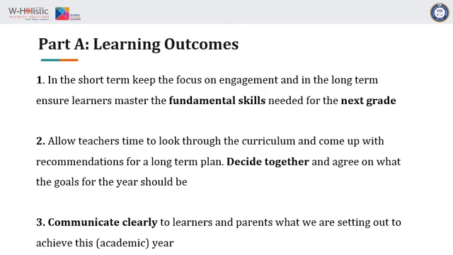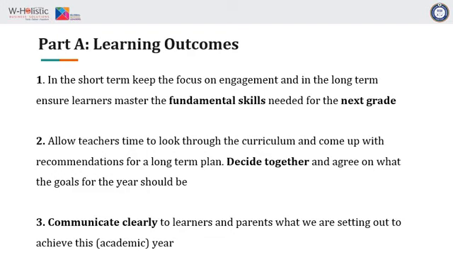So you must create a structure within your schools that gives the teachers time to sit down and look at the curriculum, pull out recommendations for what everybody needs to be doing to ensure that fundamental skills are passed across, and then you decide together what the primary goals for this current academic year need to be. And remember, in doing that, you're doing that across all grade levels. So when you decide for this year, it means that next year, once the children move on to the next grade level, they already have that covered.